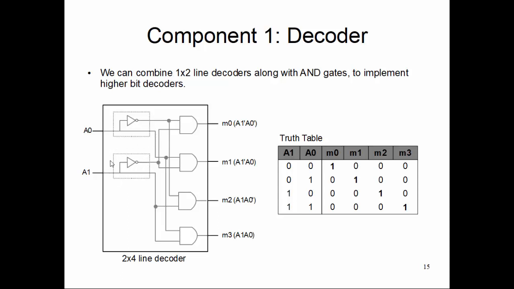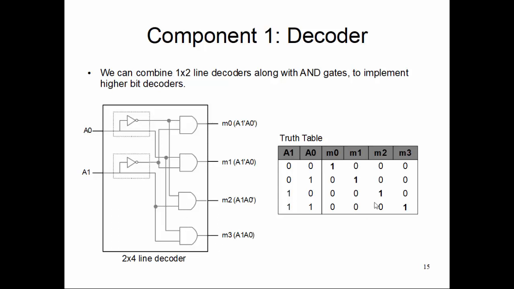Then you need to combine them through the AND, right? Your M0 is A1 bar, A0 bar, so you AND them. Your M1 is A1 bar, A0, M2 is A1, A0 bar, M3 is A1, A0, so you're connecting them through AND gates, making your decoder circuit. And it will become a truth table like this.